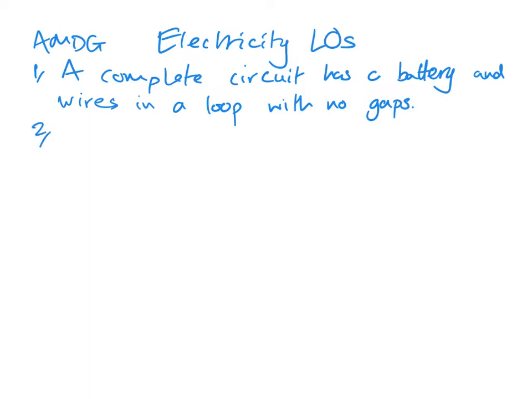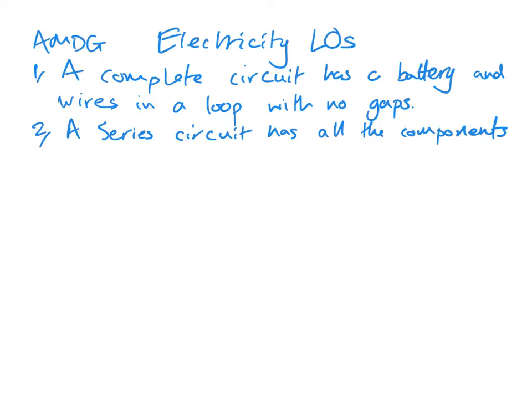Learning outcome 2 is to define series and parallel circuits. So a series circuit has all the, and we use a word here, components. A component is anything that you put in a circuit.